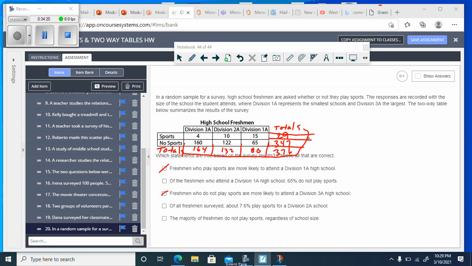All right. And then the majority of freshmen do not play sports regardless of school size. That's true. Okay, let's see. Let's check Division 1A. 15 divided by 80. Okay, definitely. Okay. That's the end of that homework assignment.